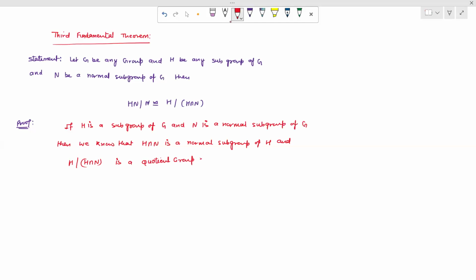Now, similarly, we write down that HN is a subgroup of G, and N is a subset of HN.